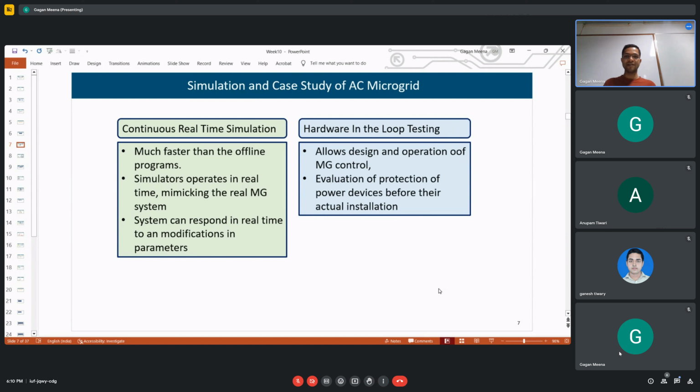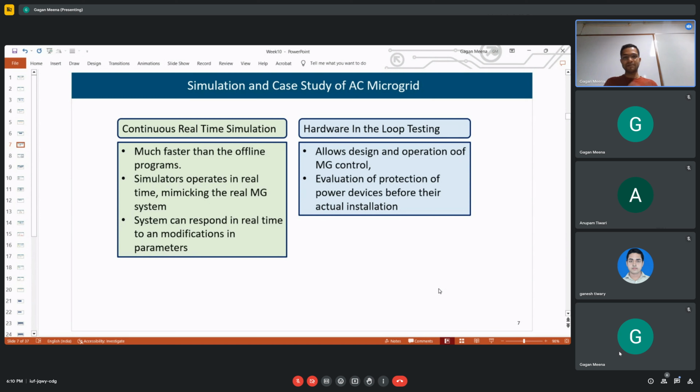How are they going to behave when they work together? That we have to study first. For that, we model all the components present in the system using some software, and then perform different kinds of studies.